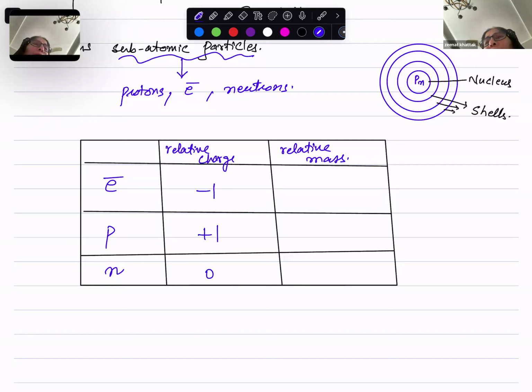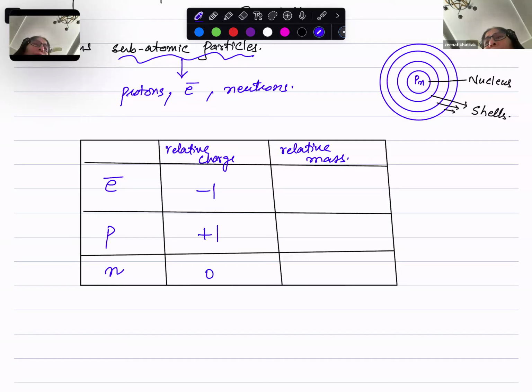Now, the next point is to write: atom is what? Atom is neutral. Why is an atom neutral?